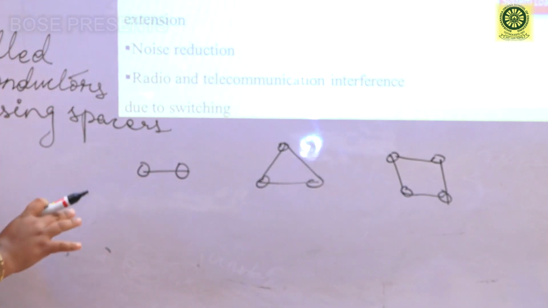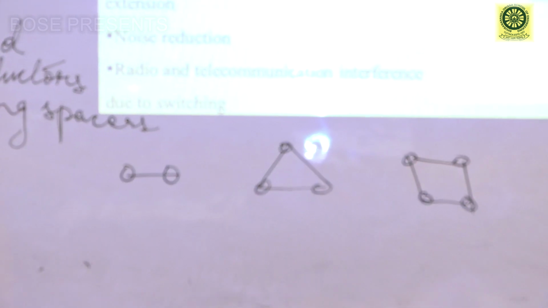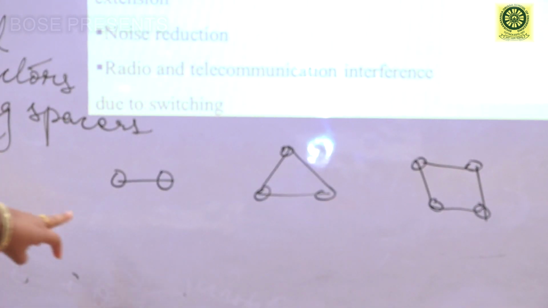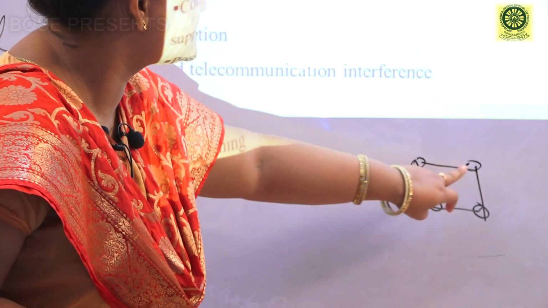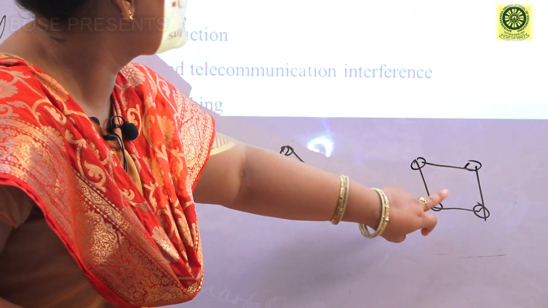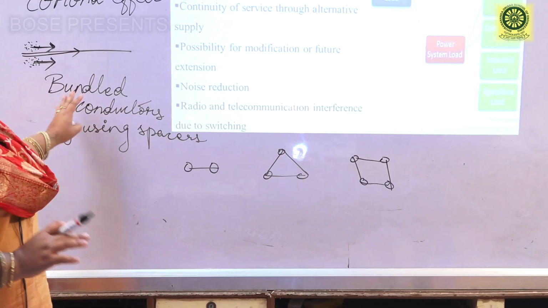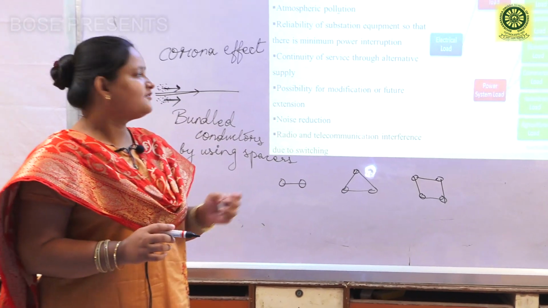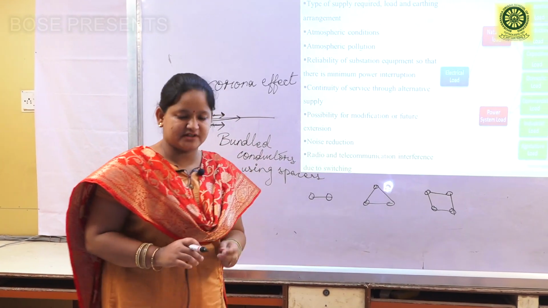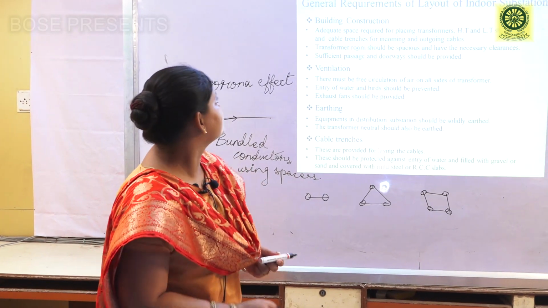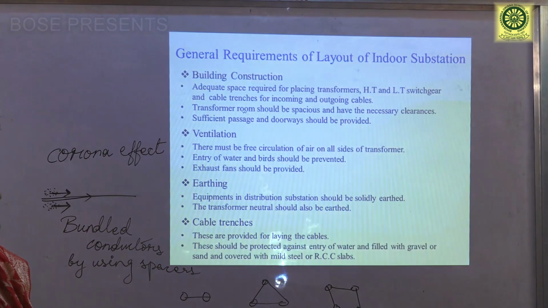With the help of spacers, we can transmit the electrical power. So these are 2 wires, these are 3 conductors, these are 4 wires. By using spacers, we maintain distance between them. So the corona effect can be reduced by using bundled conductors, and if the corona effect is reduced, radio and telecommunication interference will also be reduced. Then come to the general requirements of indoor substation.